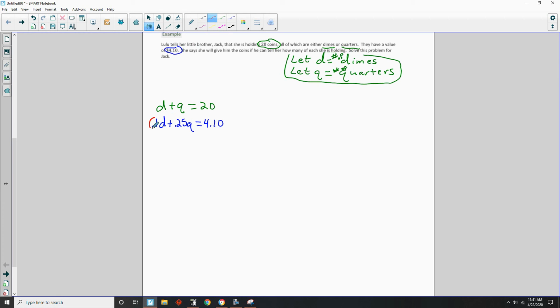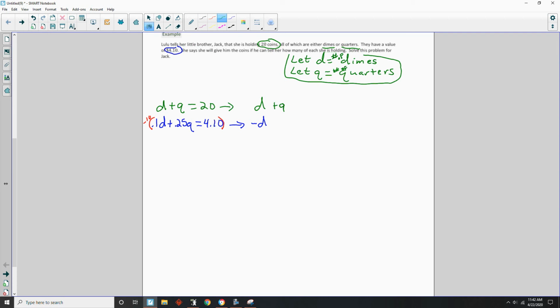So let's do that. So I'm going to multiply by negative 10. When I distribute, negative 10 times 0.1 is 1. That is just going to give me a negative D, because negative 10 times a positive 0.10, or positive 1/10, is negative 1. And this one's not going to change, so let me just bring that over.